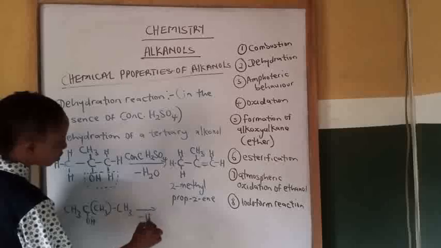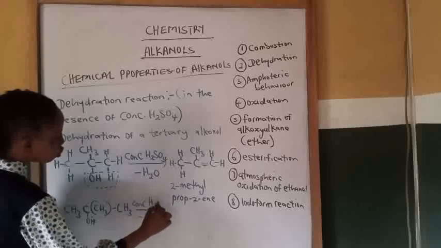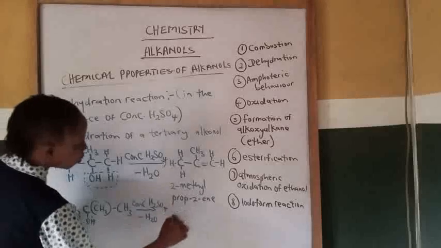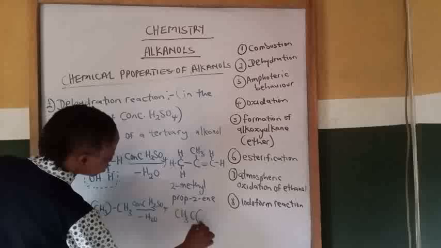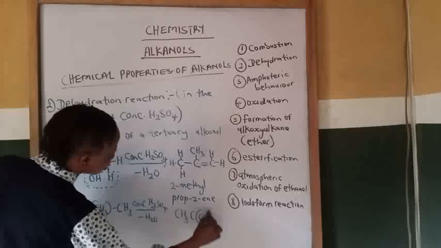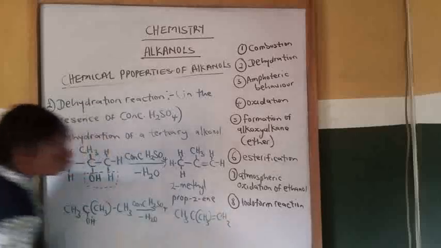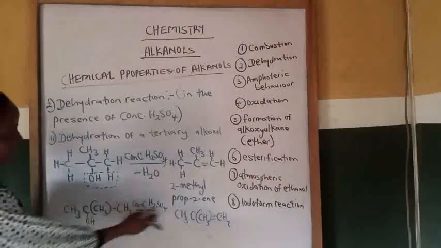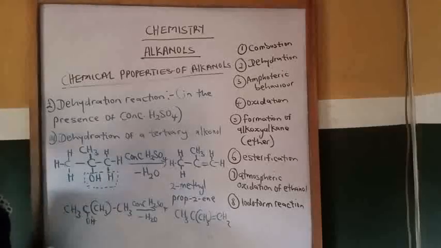So at this side minus H2O, then you put your concentrated H2SO4. So your product will be CH3 C(CH3)=CH2. So your chemical equation can come in this way, then it can come in this way.